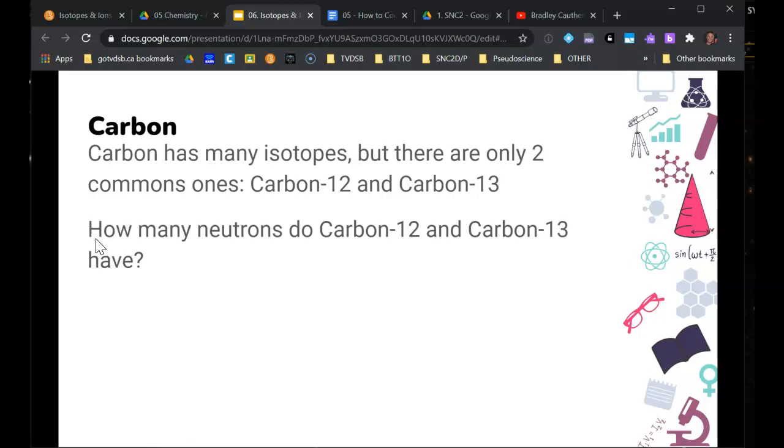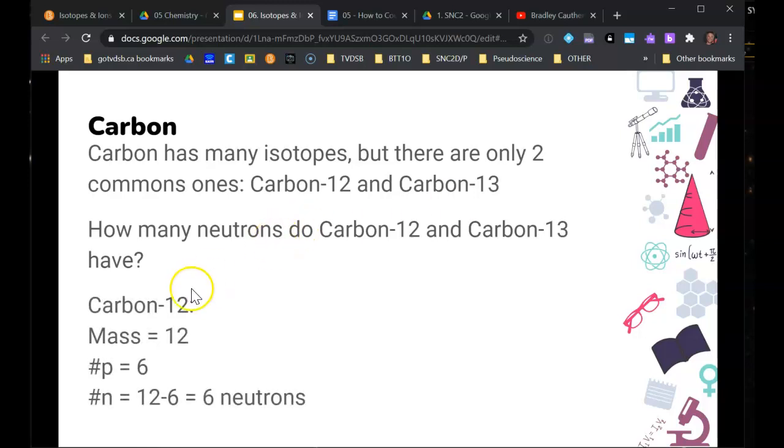And how many neutrons would carbon-13 have to have in order to be considered carbon-13? Well, remember, this number refers to the atomic mass. So carbon-12 has an atomic mass of 12. Carbon-13 has an atomic mass of 13. In the previous slide, we talked about carbon-14. Carbon-14 has an atomic mass of 14. Well, where does the mass of an atom come from?